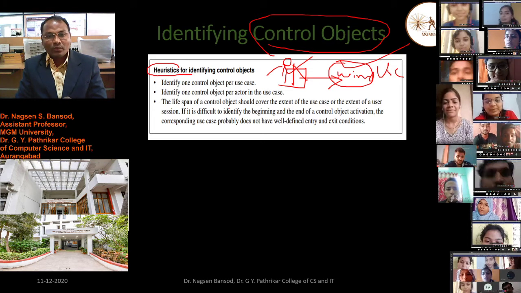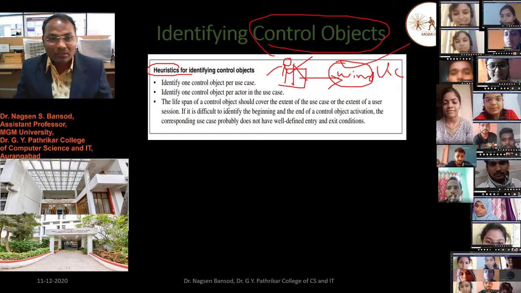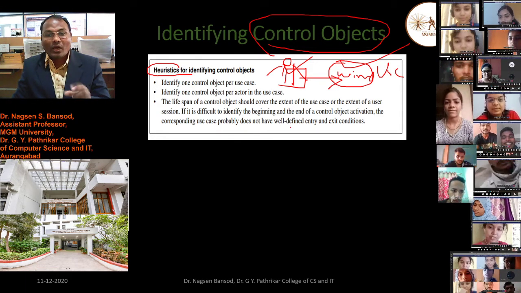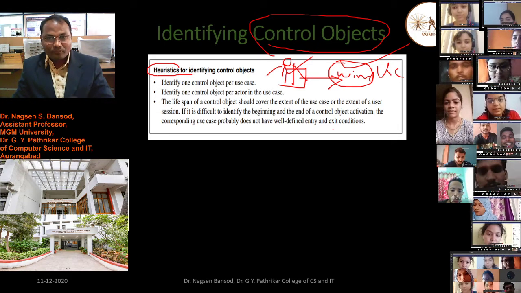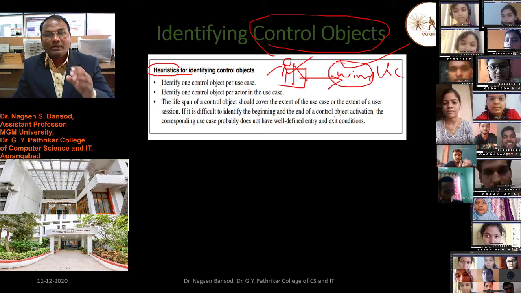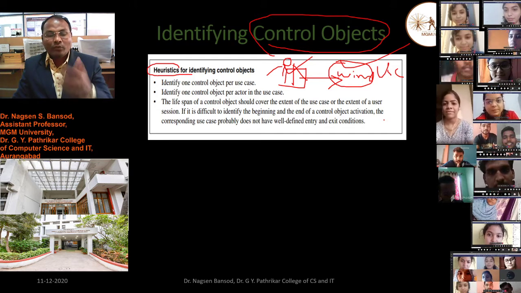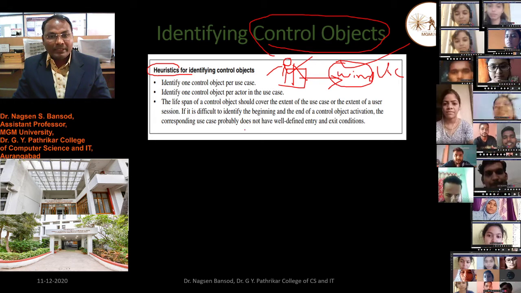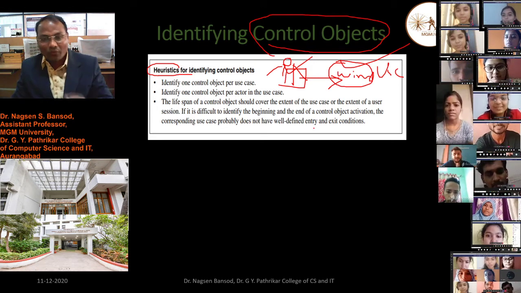If it is difficult to identify the beginning and end of control object activation, the corresponding use case probably does not have well-defined entry or exit conditions.